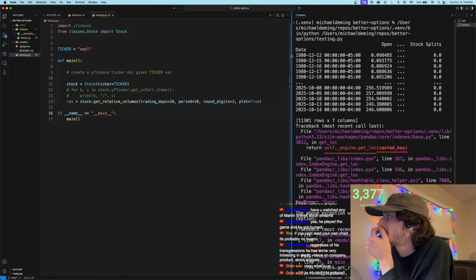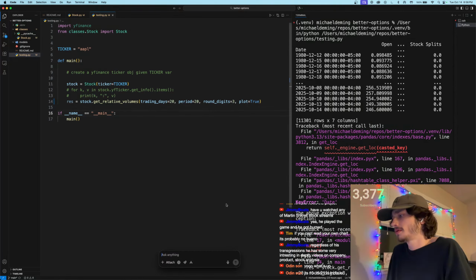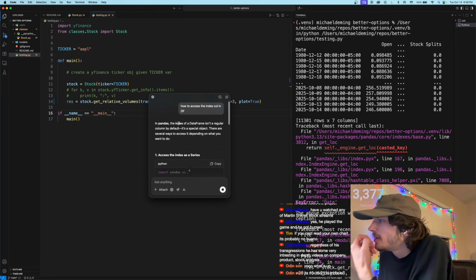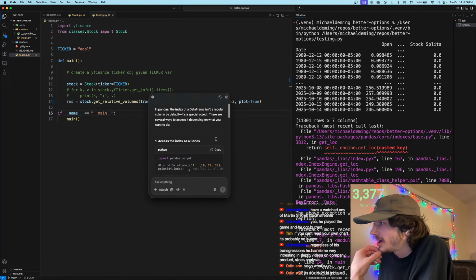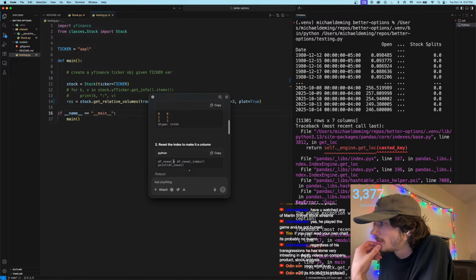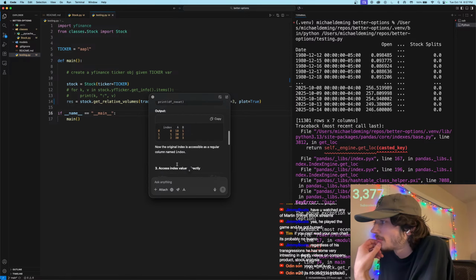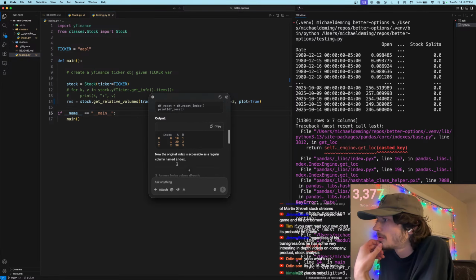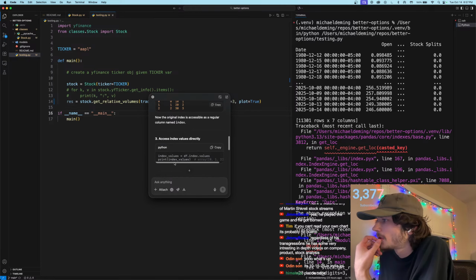So I think it's the index. How to access the index column in a data frame? Index isn't a regular column by default. It's a special object, with several ways to access it depending on what you want. df.index values is an array of index values.